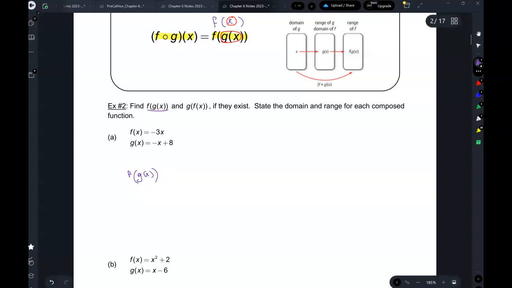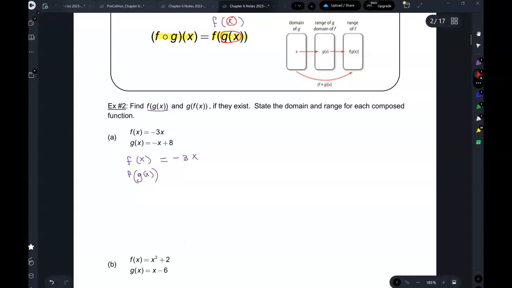One is on the outside, one is on the inside. Which one of the functions is on the outside? F of x. So what I do is, above this, I write f of x equals, and I just copy down what f of x equals. Just copy it down. I've done no math here.